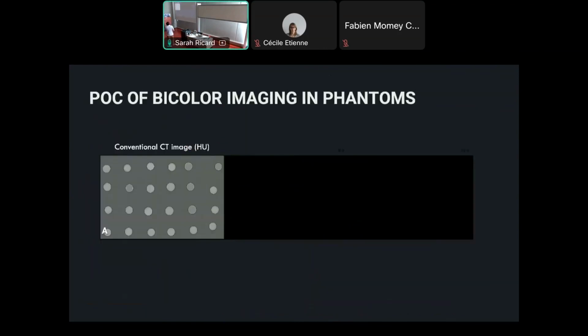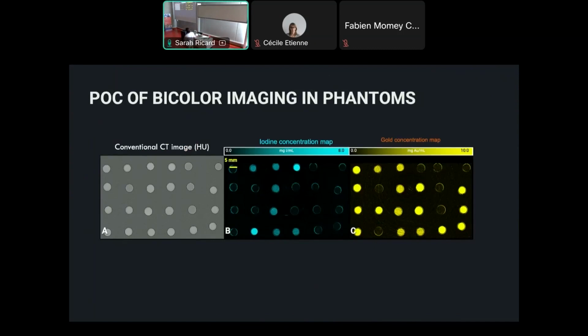So in another image, you have a conventional view. You cannot distinguish between the concentrations. You see some brighter than the others. But thanks to this decomposition, it's clear that we can get the concentration of iodine.